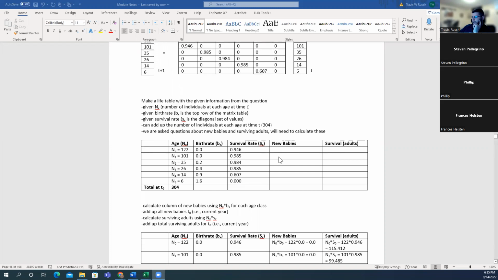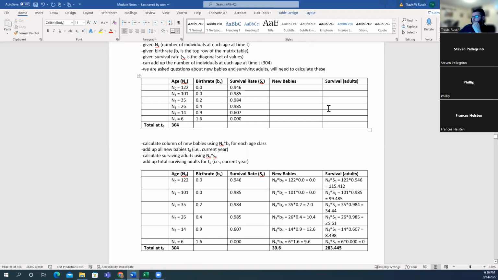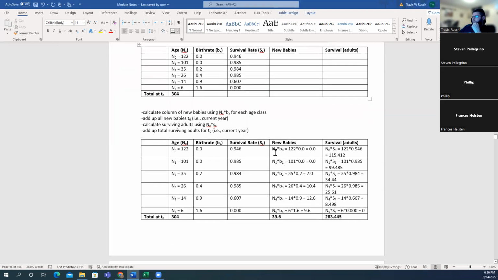And then if I ask you maybe how to calculate births or how many new babies per age bracket, or how many survive each age bracket or how many die, knowing this is going to be important too. So to fill in this table, this is where that equation for birth is: you take the number of individuals and you multiply it by the birth rate.